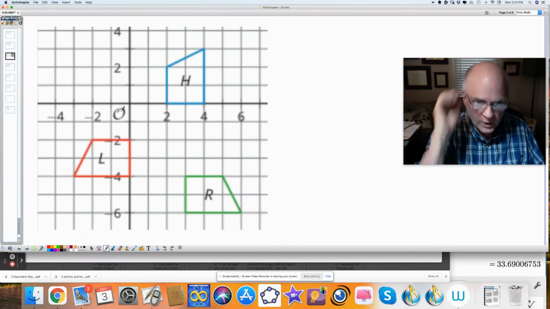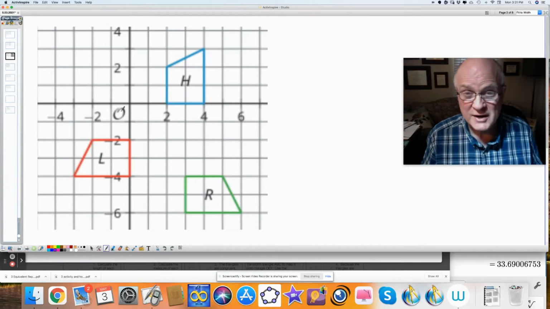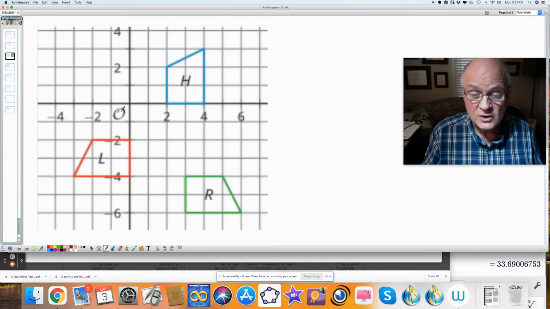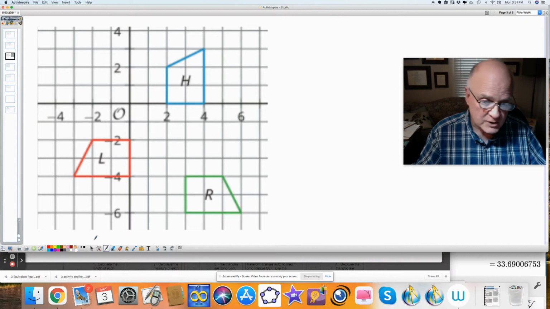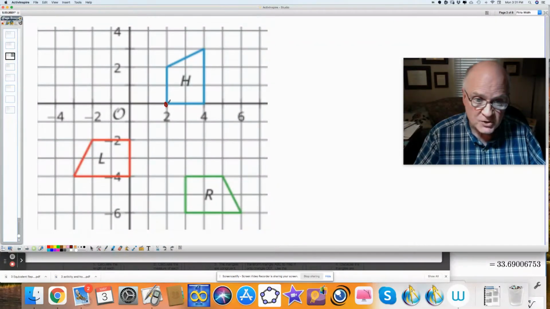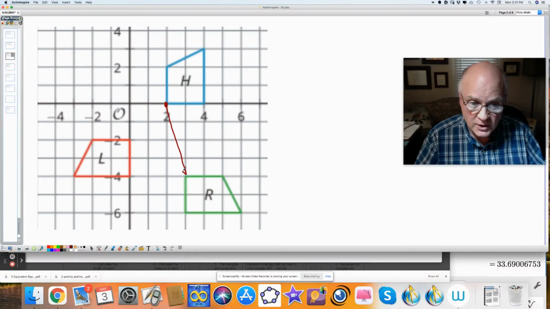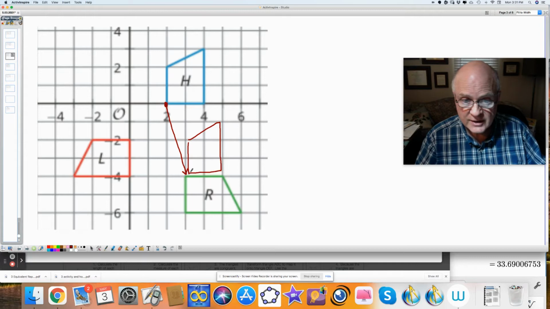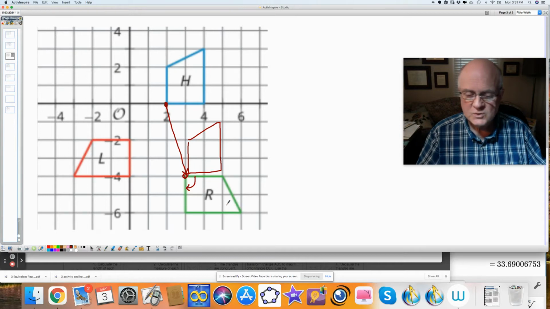And one way is because you created it by mapping the one onto the other using a finite set of rigid transformations. For example, we translated this figure H from here to here, which got me to this point. And then we rotated it 90 degrees around this point, which would map me on there.